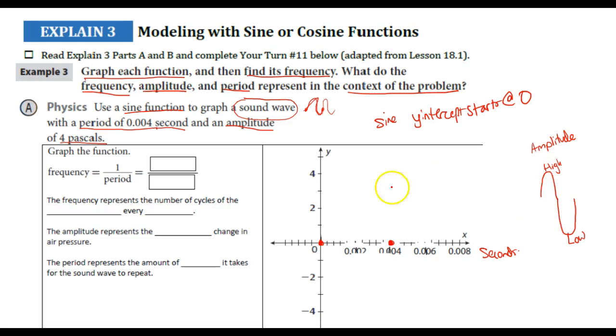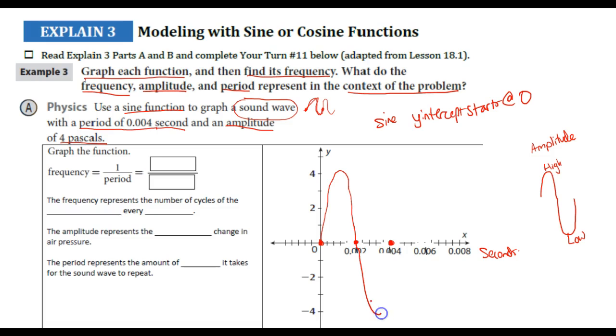High, low, right? So that means from here it's going to go high up to about 4 and come back down. Now you're probably wondering, where's that x-intercept going to be? Well, what's halfway between 0 and 0.004? Give you a hint. It's right there in the middle. 0.002. So let's go high and then back down low. And it's going to go as low as about -4.